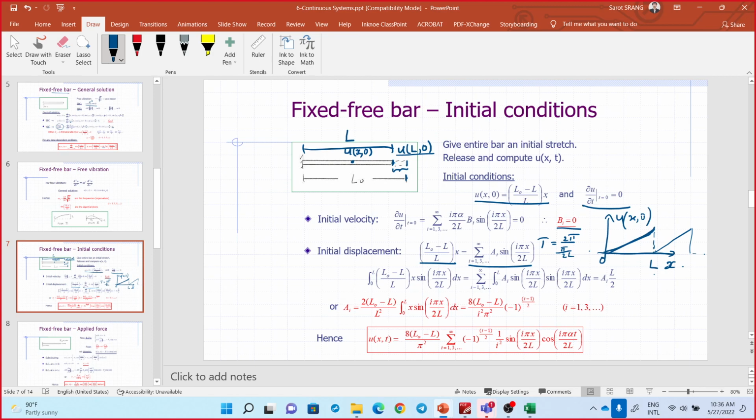Period on x. So it becomes 4 pi, no, pi cancels, it becomes 4L, right, 4L.